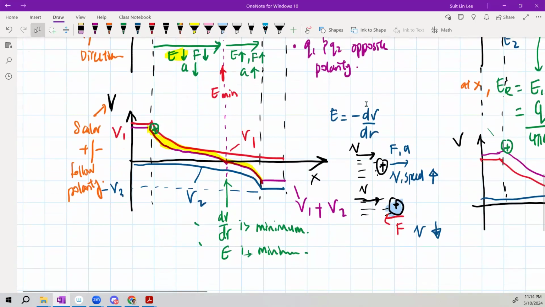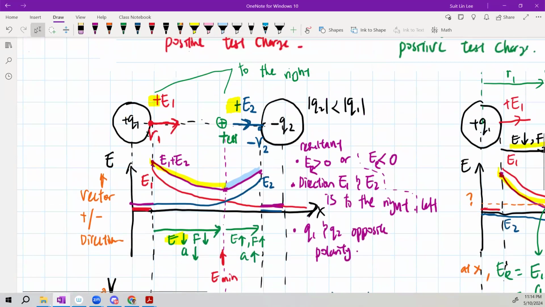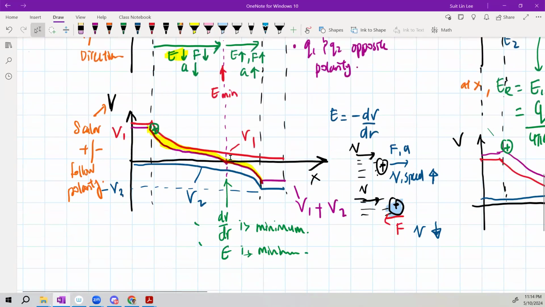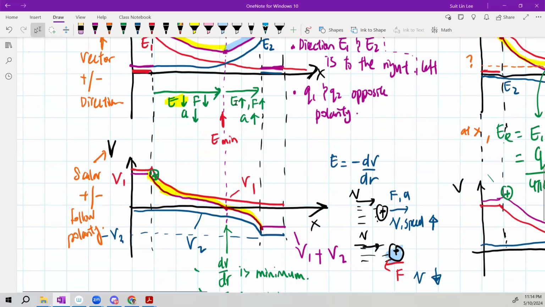Strictly speaking, if this feels a bit unfamiliar because you're not used to seeing this in mathematics, I can just sum up the graphs. This is V1. This is V2. V1 plus V2, because they have opposite polarity, surely there will be a point in the middle where they cancel. This canceling point feels very important, right? It corresponds to the turning point. Okay.